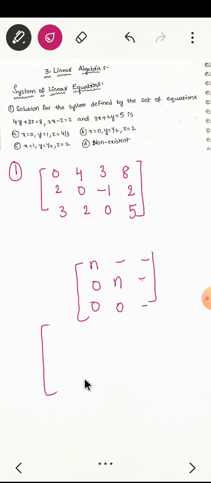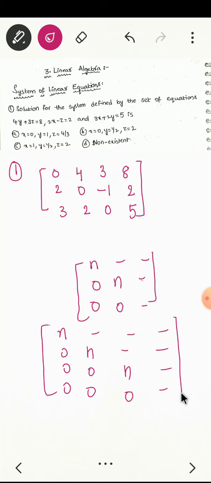If you have a 4 cross 4 matrix, here there should be a number, and here you should have zeros, and again here zeros. That should be the thing.